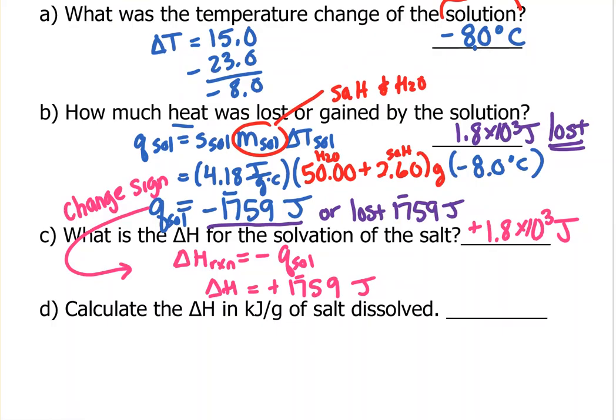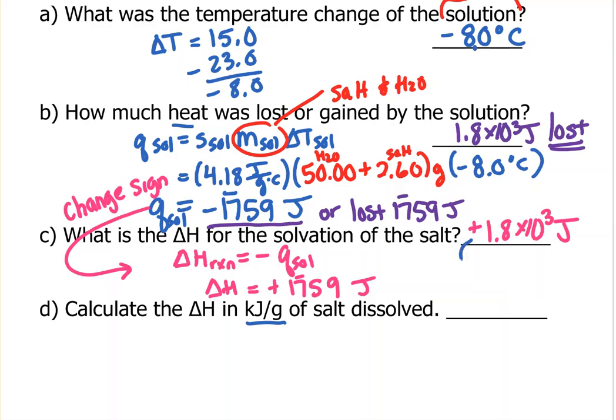Okay, and then this last one is a little tricky. We're just going to take this heat of reaction and convert it to kilojoules per gram. This is the amount of heat for the reaction that we did, but the temperature change that we got depended on how much salt we dissolved. So we're going to make it relative to that and also change it to kilojoules.